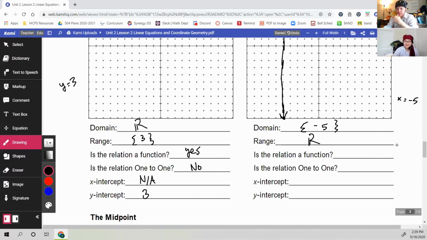Is this relation a function? No, it is not a function. Is this relation 1-to-1? Well, we talked last time about how 1-to-1 is a quantifier for a function.